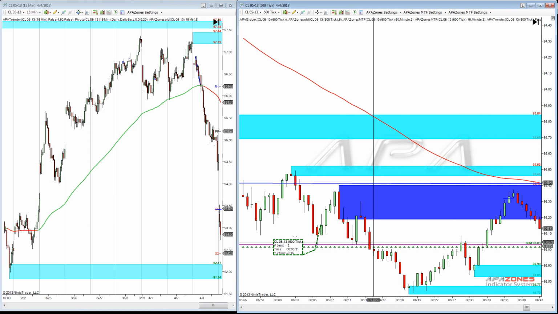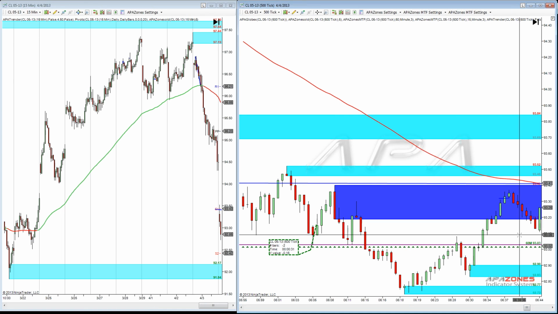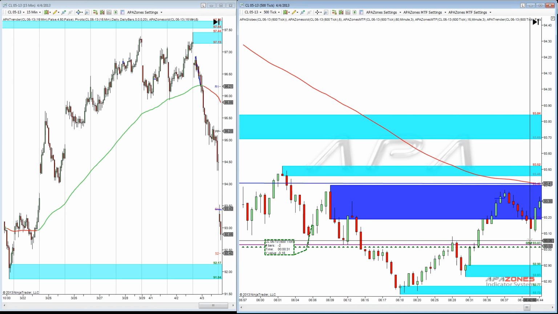So you can kind of see how that level has acted as support and resistance throughout time. So I won't be surprised on such a small time frame as this tick chart to see that type of price action happen again right there. But it doesn't have to get down there, but that's just a resistance area to be watching out for. And hopefully that's the why and the how behind that line right there.